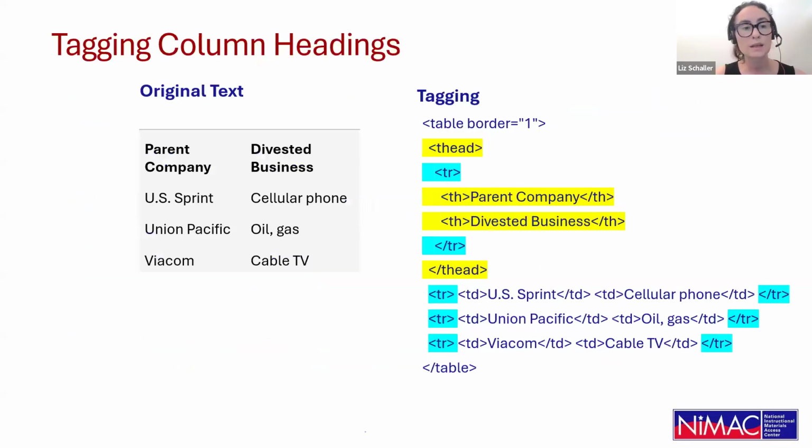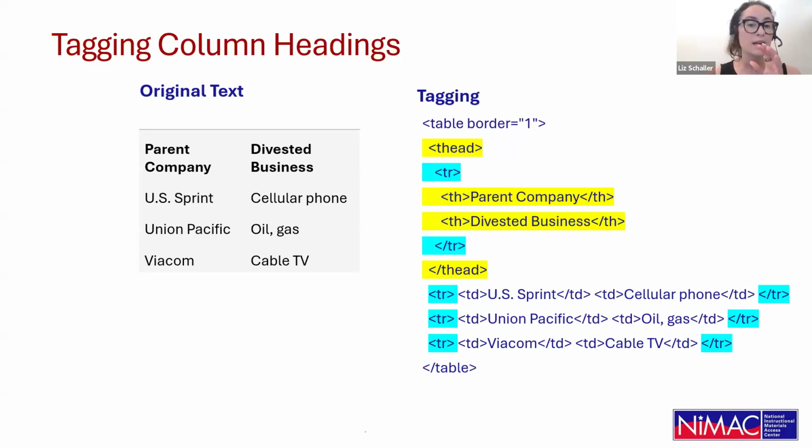So you can see an example here. On the left side, you'll see the original text, and it does include headings for 2 columns. And then on the right, you'll see the appropriate tagging for this table, including usage of the T head and TH tags.